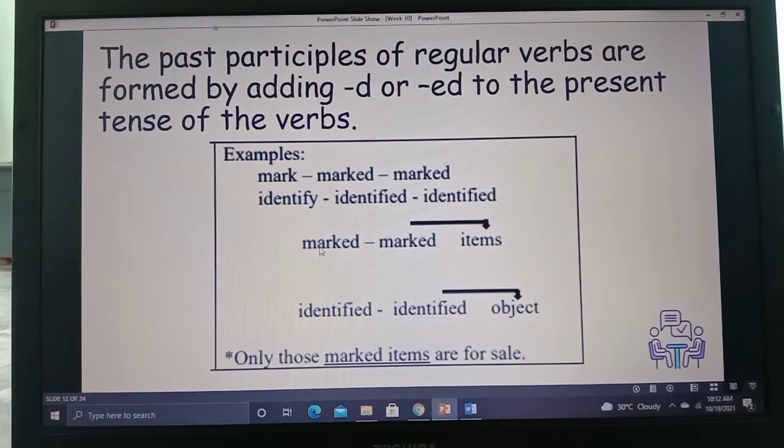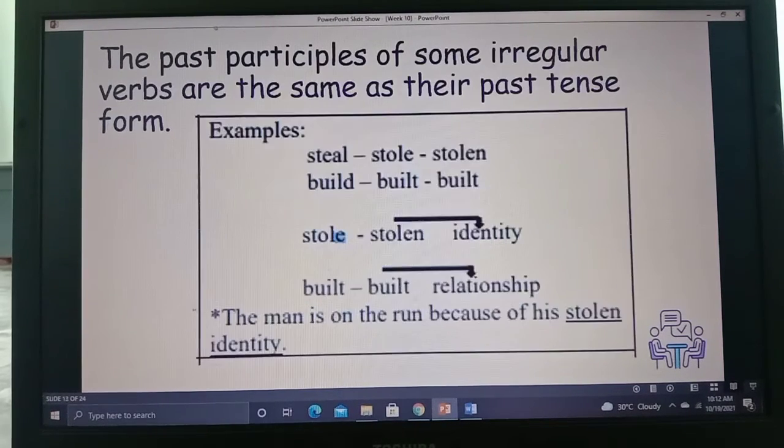Marked items, identified objects. So, ang example dito is, only those marked items are for sale. So, ito yung past participle dito sa sentence natin. Marked items. Yung may underline.